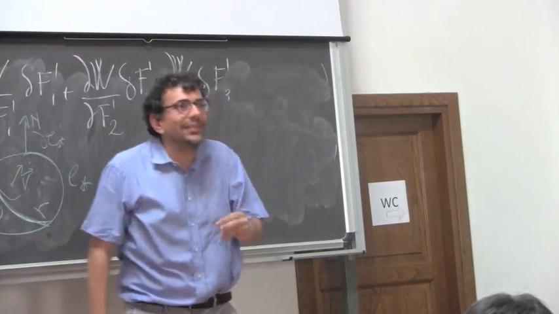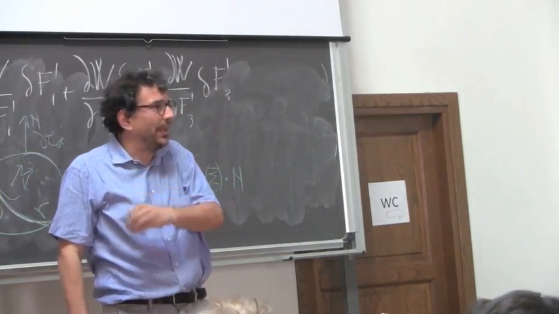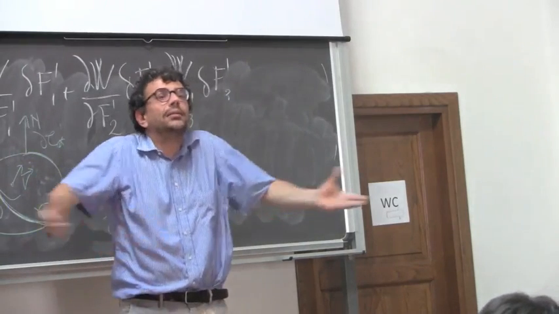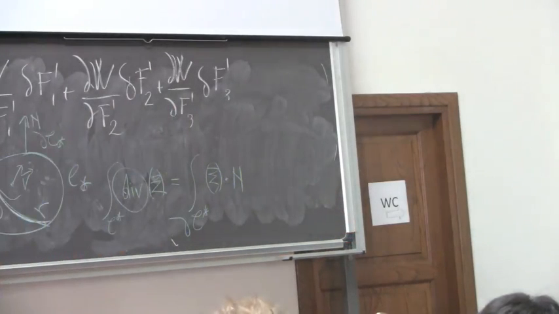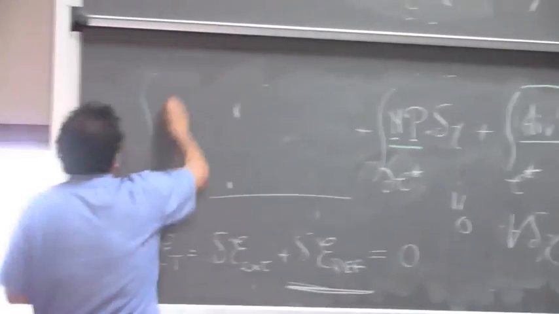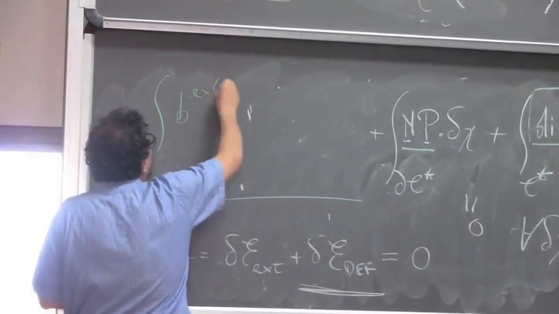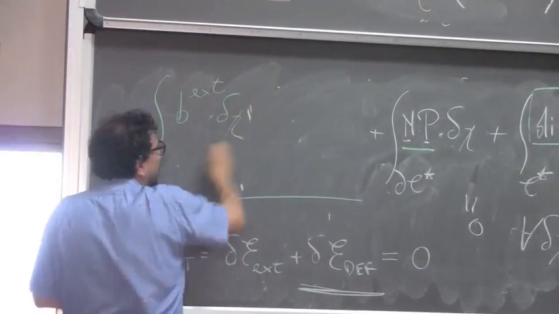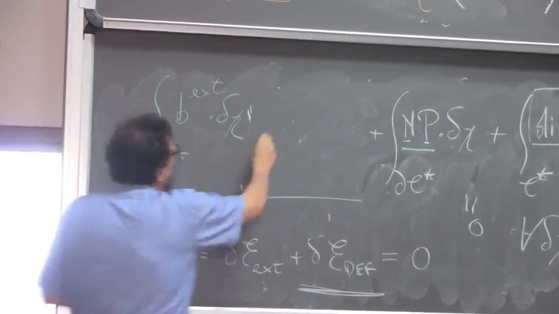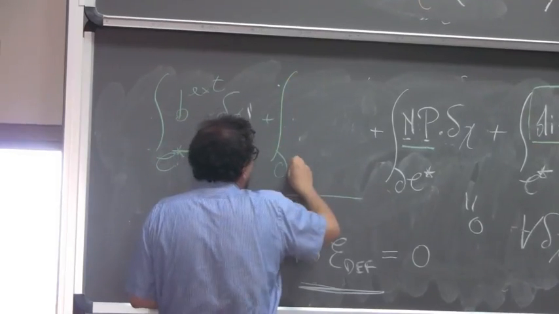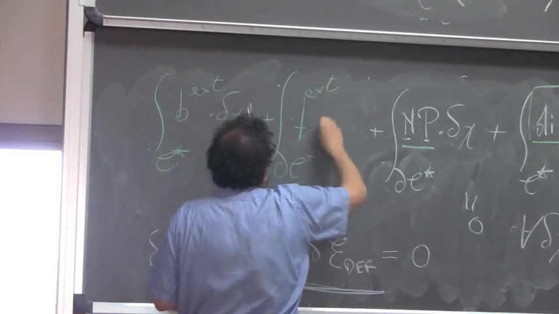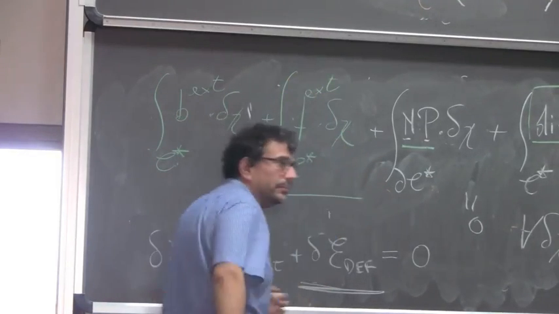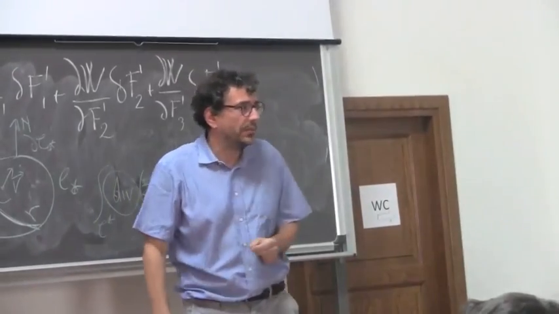So when you write the potential of externally applied forces, you are prisoner of your assumption. You can only write the integral of b times delta u on the volume plus the integral on the boundary of f times delta u. This is the only thing you can do.